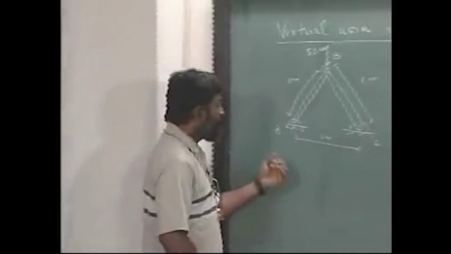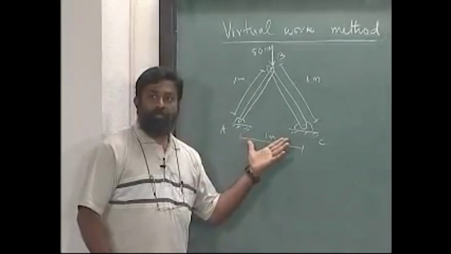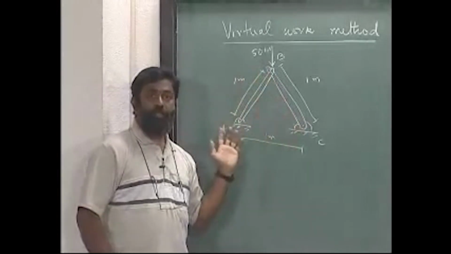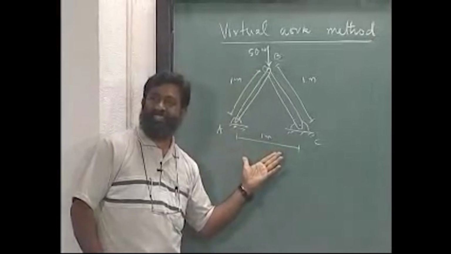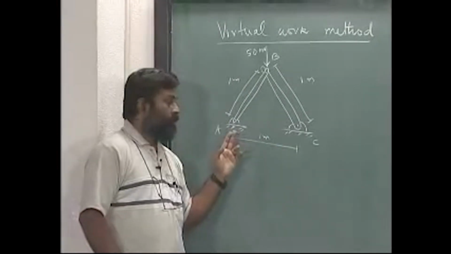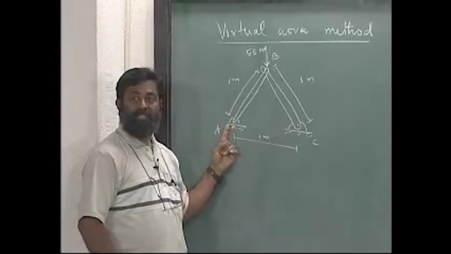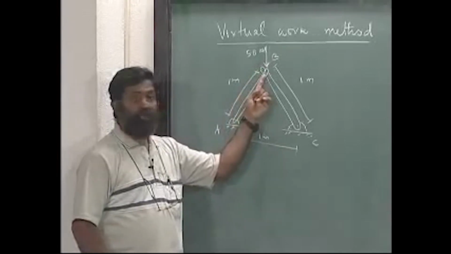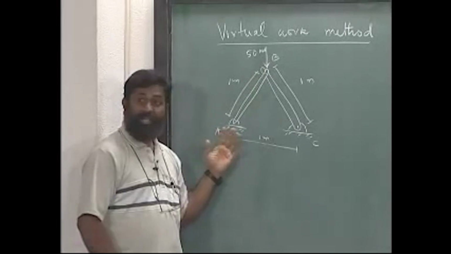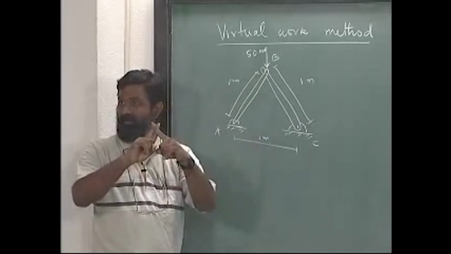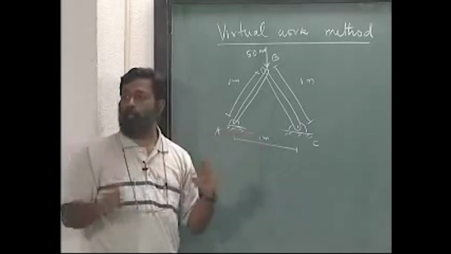Now, one of the important things to note here is, if I ask you how many degrees of freedom this system has with the supports, which means that if I have 1 degree of freedom here, have I arrested enough degrees of freedom for it to be stable, or in other words it cannot move at all?